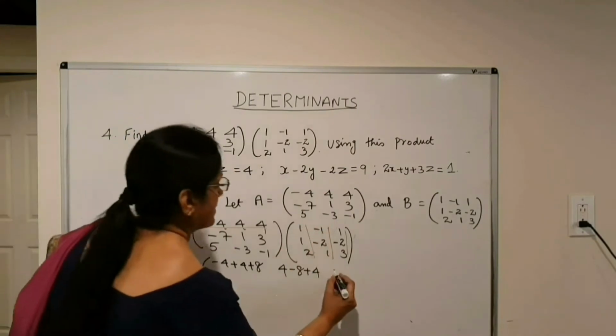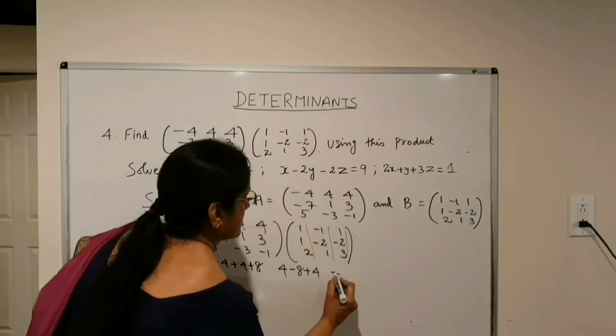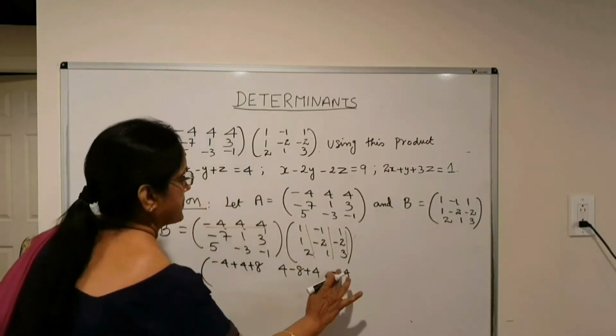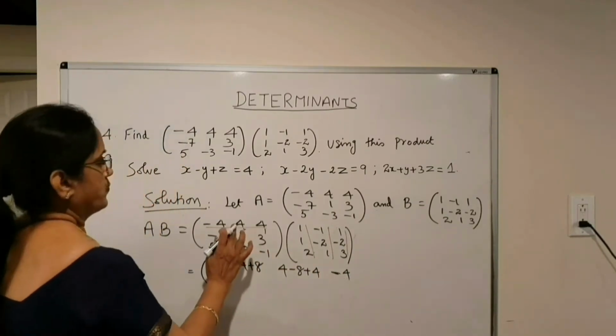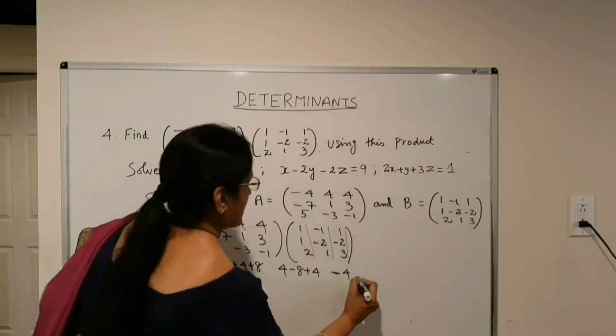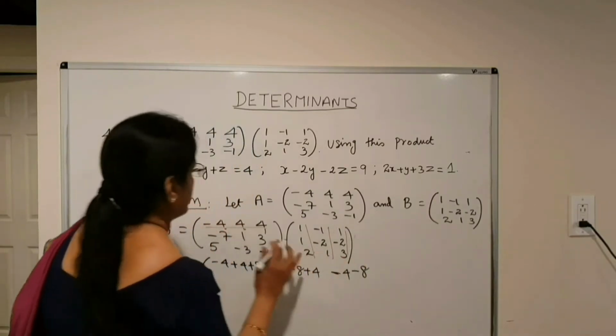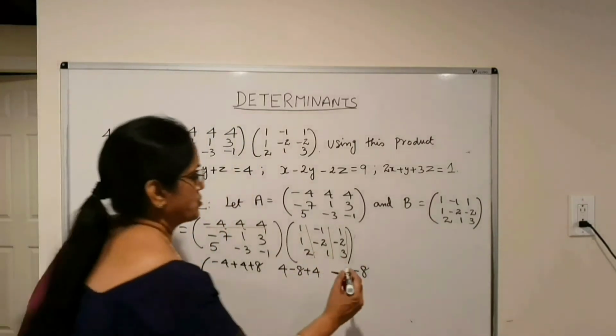-4 into 1, -4, then 4 into -2, -8, 4 into 3, plus 12.